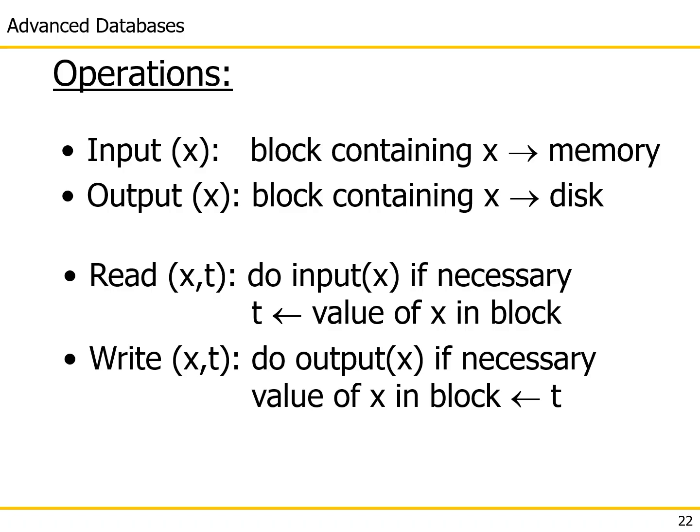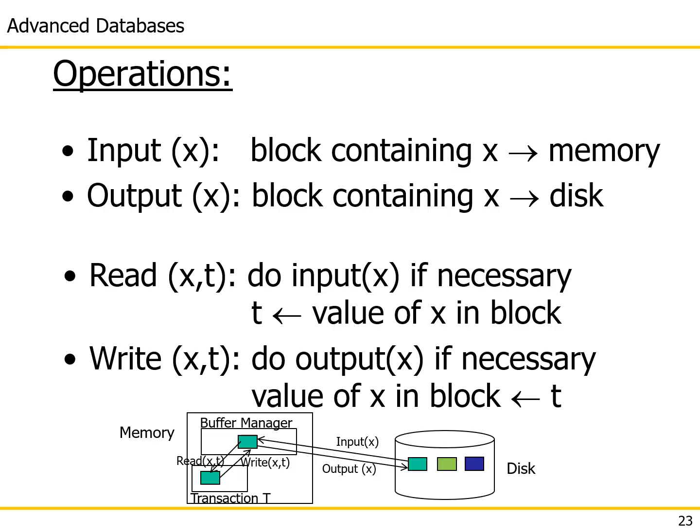Input and output is between the buffer manager and the disk. Read and write is between the transaction and the buffer manager. So this is the picture I'm interested to show you. When the transaction would like to read a specific row or page, it will call the buffer manager and tell it read X into T. Okay?